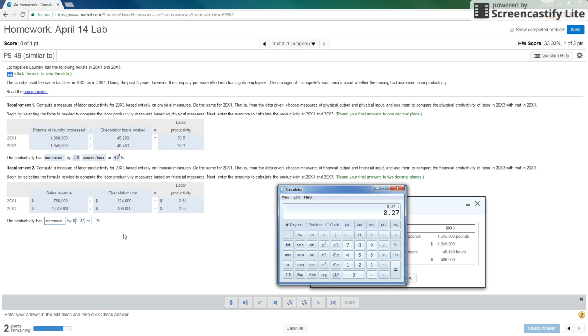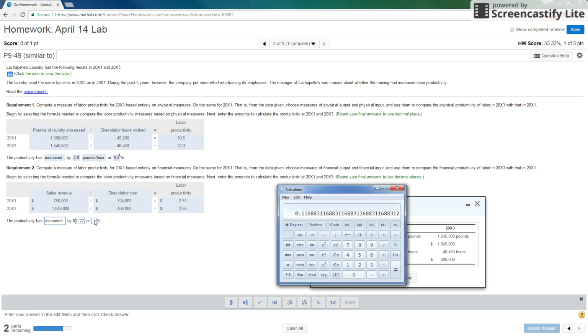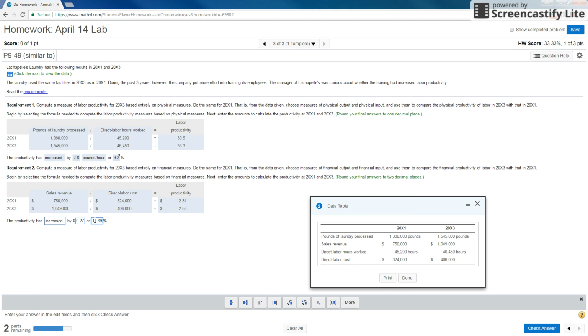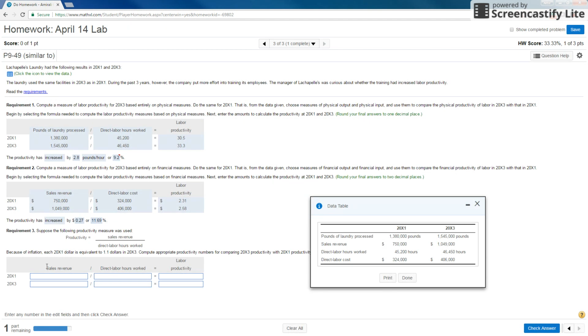And this is divided by the smaller one, 11%. So it says 2.11% and 69. I will solve the next part in the next video.